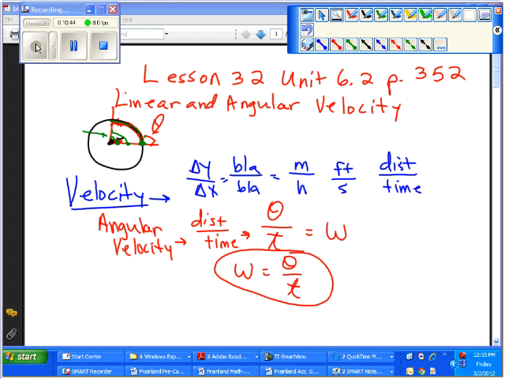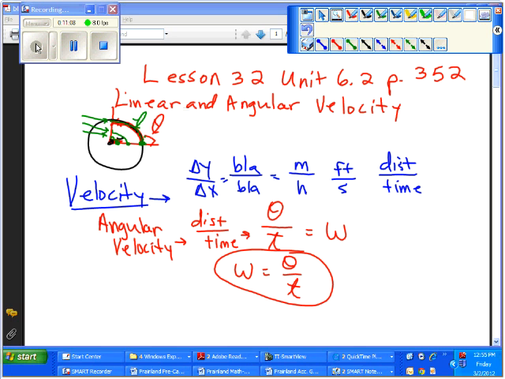So angular velocity, when we think about theta, we're thinking about the movement in relationship to 2 pi. It's the same percentage here as it is here as it is here over the same amount of time. So angular velocity in all three of those positions is the same. You move the same radian degree in the same amount of time because theta is the same here, here, and here. Those are congruent angles, you see. Okay?